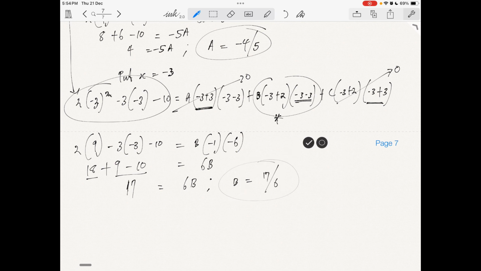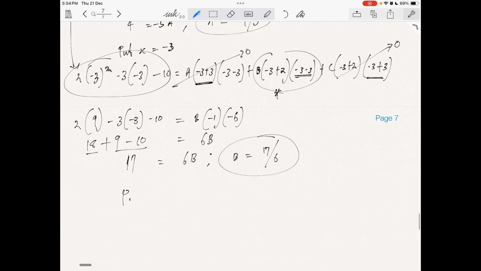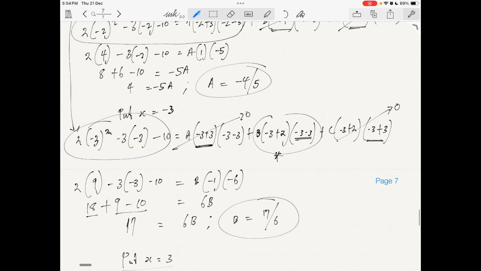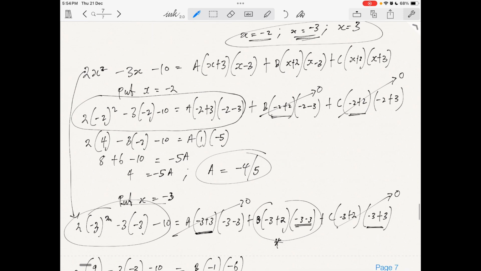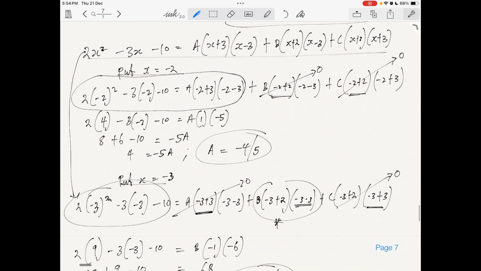Now finally we have to put x to be equal to 3. So x equals 3, then x equals minus 2 and minus 3. So we are still using this equation, and we'll follow the same format.